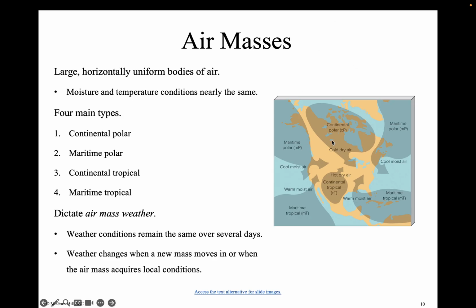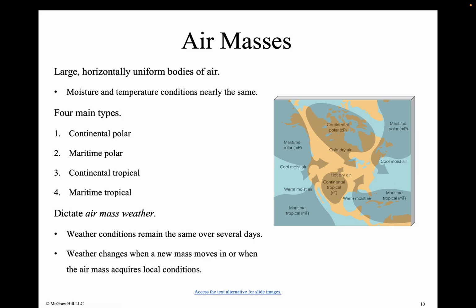Here you can see some of these masses of air that are formed either over the continent or over the oceans. That large body of air we call an air mass.